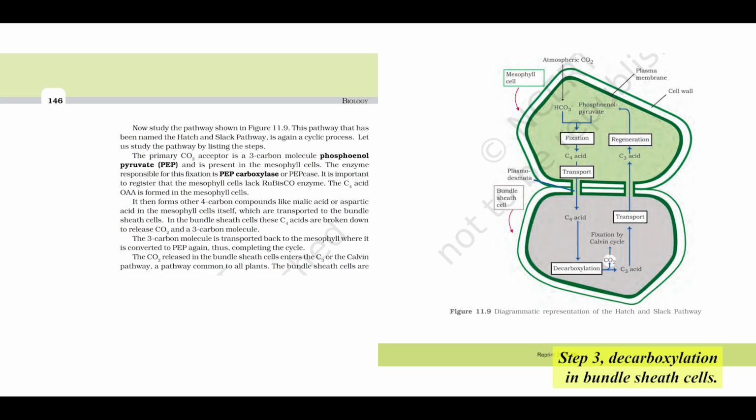Decarboxylation in bundle sheath cells. Once inside the cytoplasm or chloroplast of the bundle sheath cells, these 4-carbon acids undergo decarboxylation. This means they are broken down enzymatically to release CO2 and regenerate a 3-carbon molecule, usually pyruvate. This is the core of the C4 strategy. CO2 is released at a very high concentration right inside the bundle sheath cells, baiting the Rubisco enzyme located there. Remember, bundle sheath cells are rich in Rubisco but lack PEPcase.